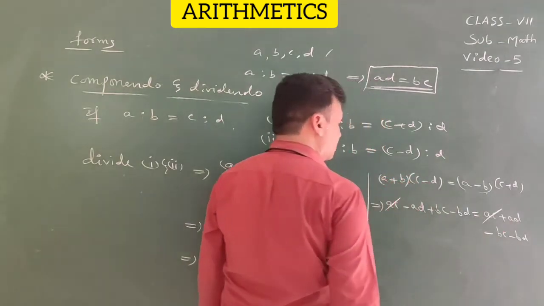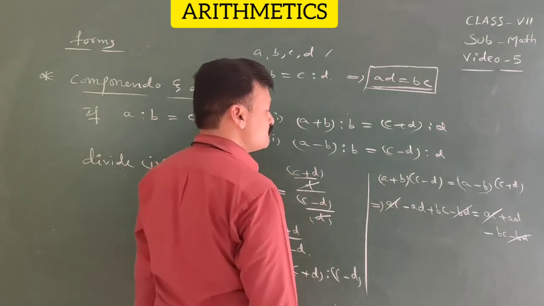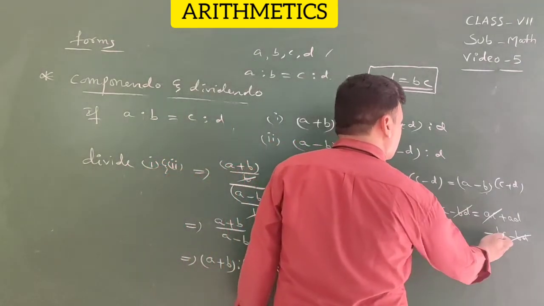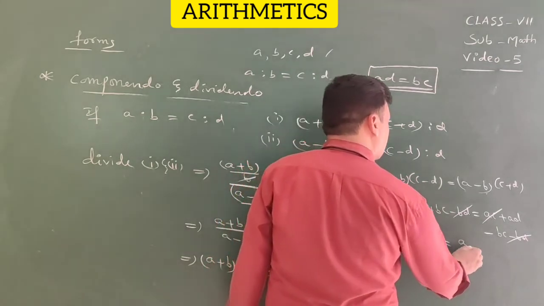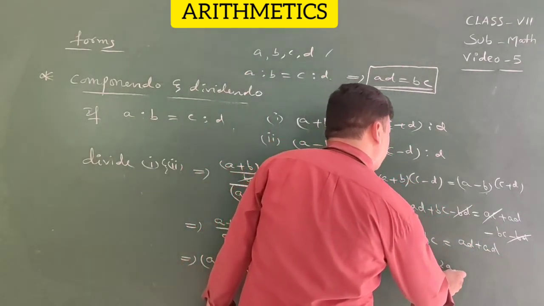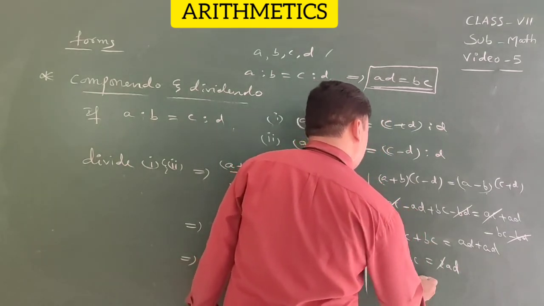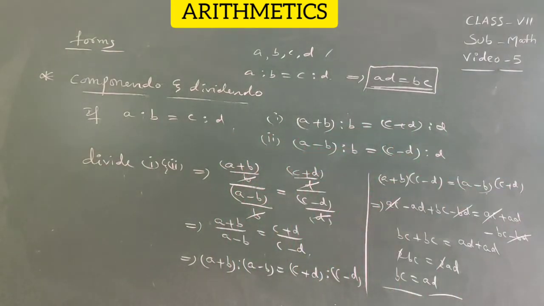Here AC gets cancelled, and minus BD gets cancelled. Here BC plus BC equal to AD plus AD. So 2 times BC equal to 2 times AD, then BC equal to AD. At last BC equal to AD, then this change is acceptable. This change is called componendo and dividendo.